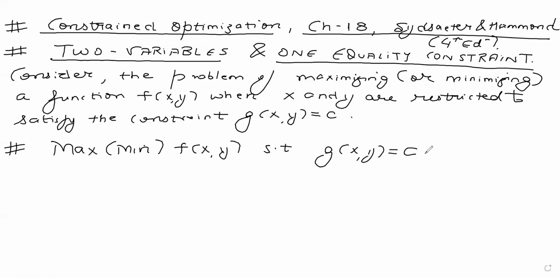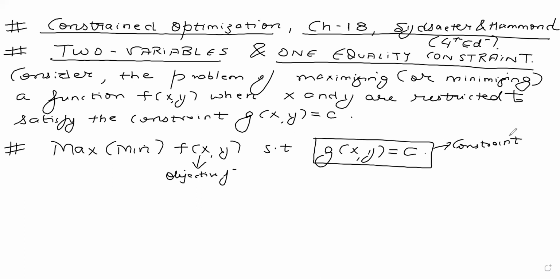The objective function is f as a function of x and y, and g of x, y equal to c is my constraint, which holds true at equality.